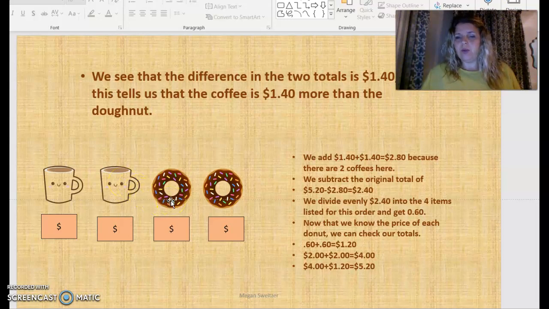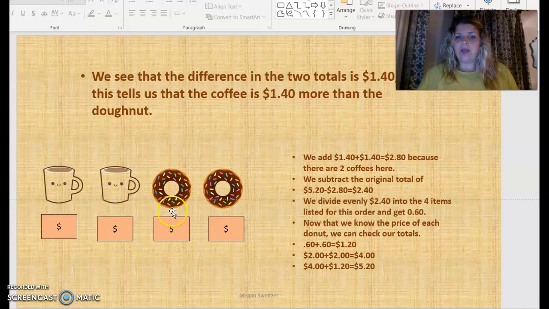We subtract that from the original total of $5.20, $5.20 minus $2.80, and we get $2.40. Then we divide it evenly amongst the 4 items in this total, and we get 60 cents. So now we know that the price of each donut is 60 cents a piece.